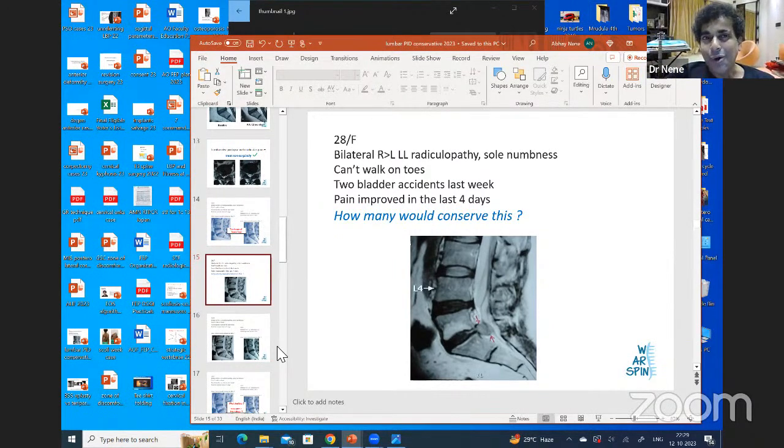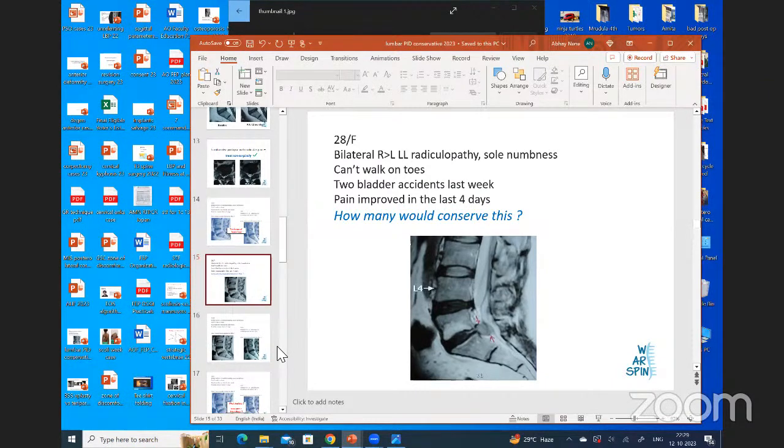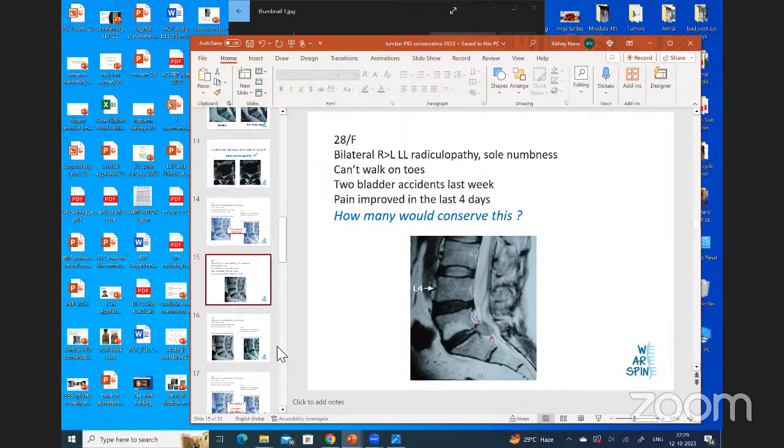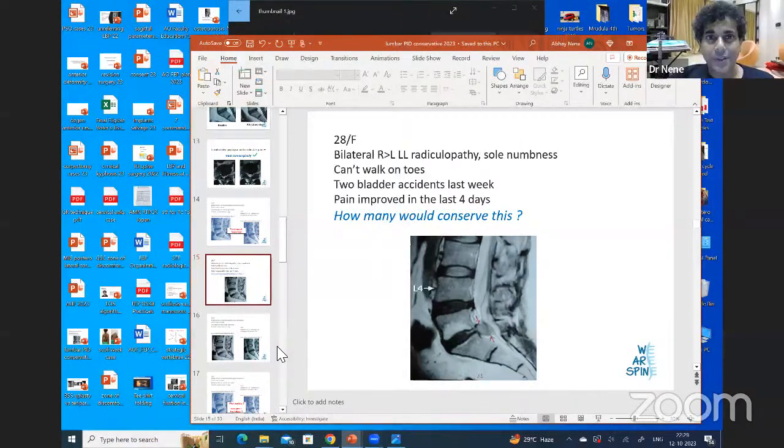So we really don't know how this works. These are only theories. But sir, there needs to be a puncture in the PLL, no? The PLL routinely gets punctured. Any extruded or sequestrated disc goes through the annulus and the PLL. But going through the dura is the exclusive right of this intradural disc. We don't know the pathway. The two theories are a chronic disc and a big explosion that gets inside.